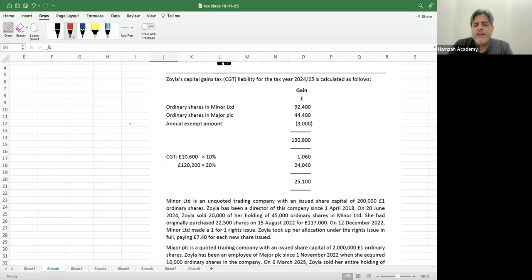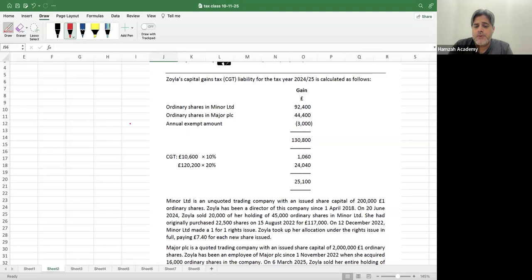Minor Limited is an unquoted trading company with an issued share capital of 200,000. Zoila has been a director of this company since 1st April 2018. Then on 20th June 2024, Zoila sold 20,000 of her holding of 45,000 shares in Minor Limited.